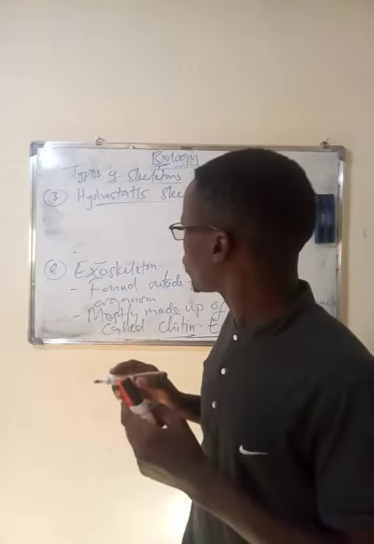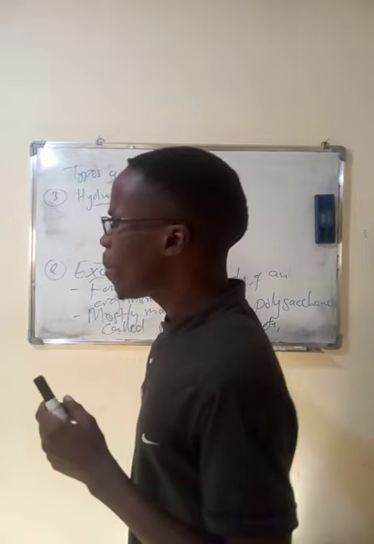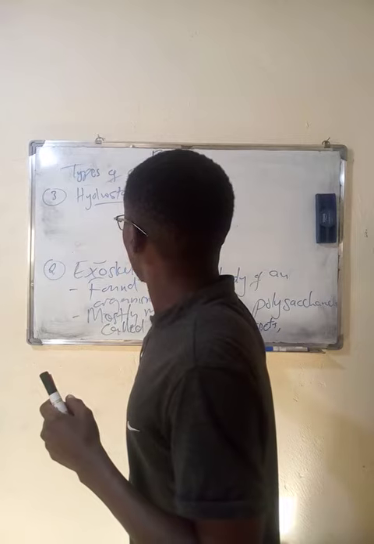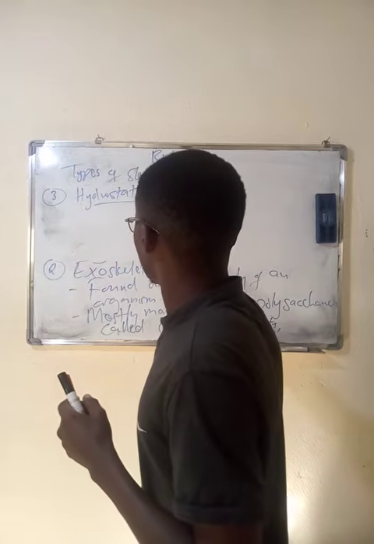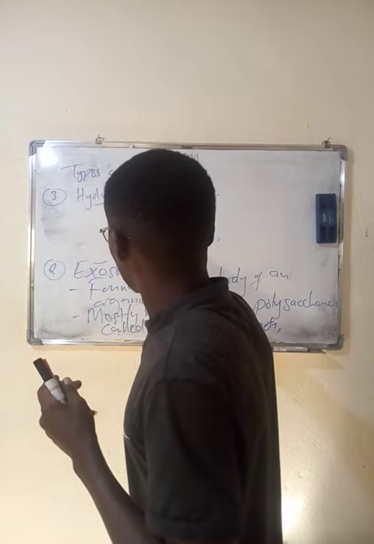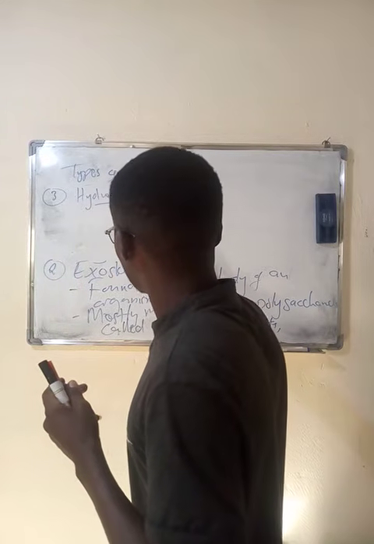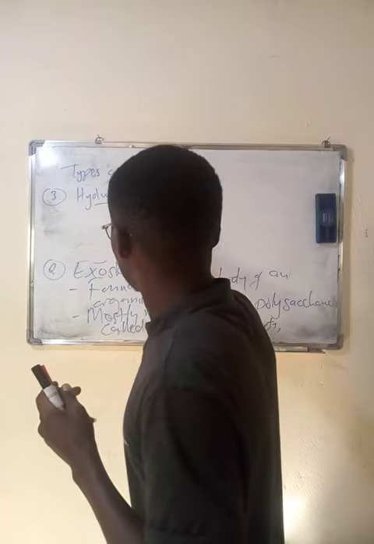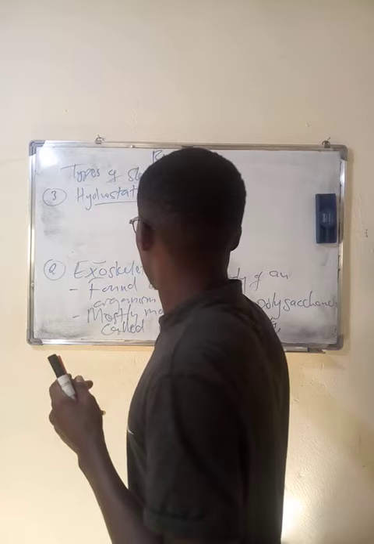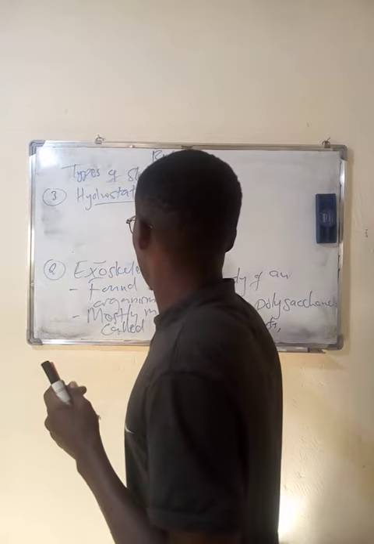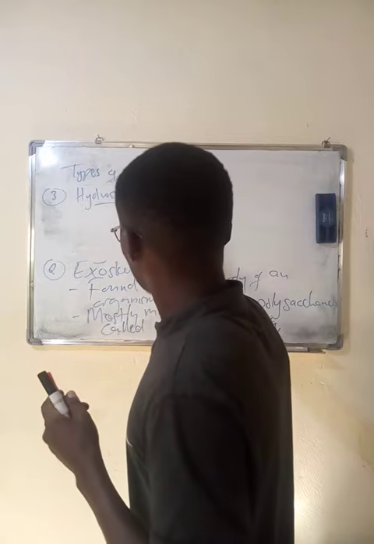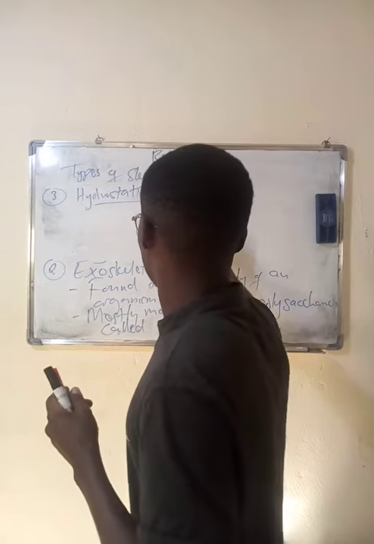So really, how this one works is we find that there's fluid inside the body of an organism. So let's say that is a cross section of the organism, and then inside there may be small legs and so on, but inside the body of this organism there is fluid.